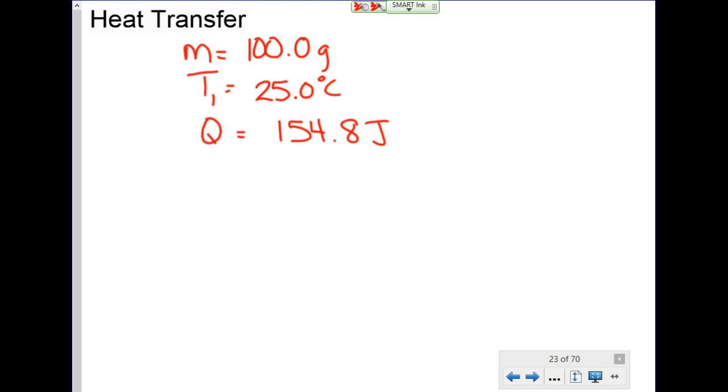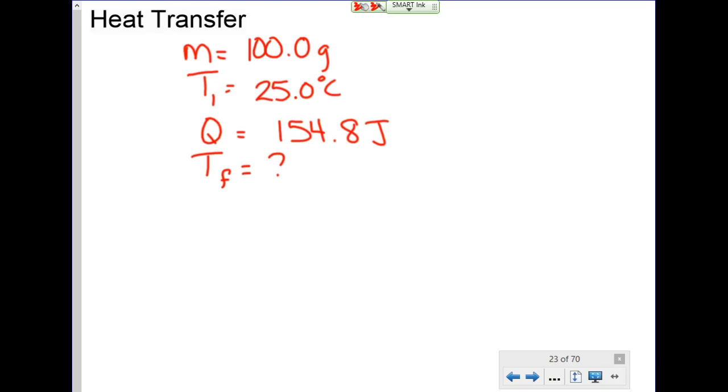The question is asking you to find the final temperature. This is after the necklace has been sitting on the person for a while and absorbed heat from their neck, and it's warmed up the gold particles. There's a couple ways that you can solve this. Suggestions? Okay.